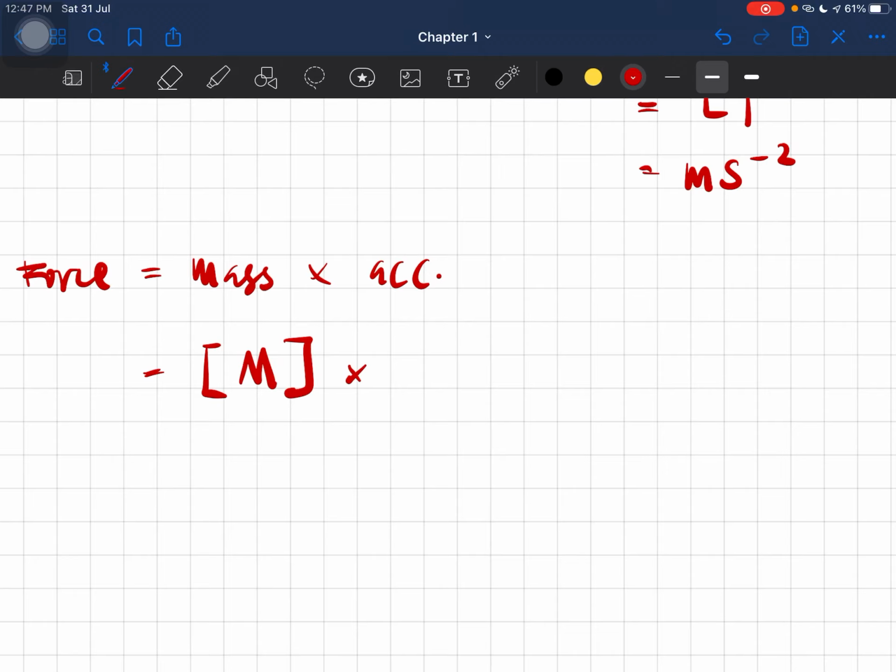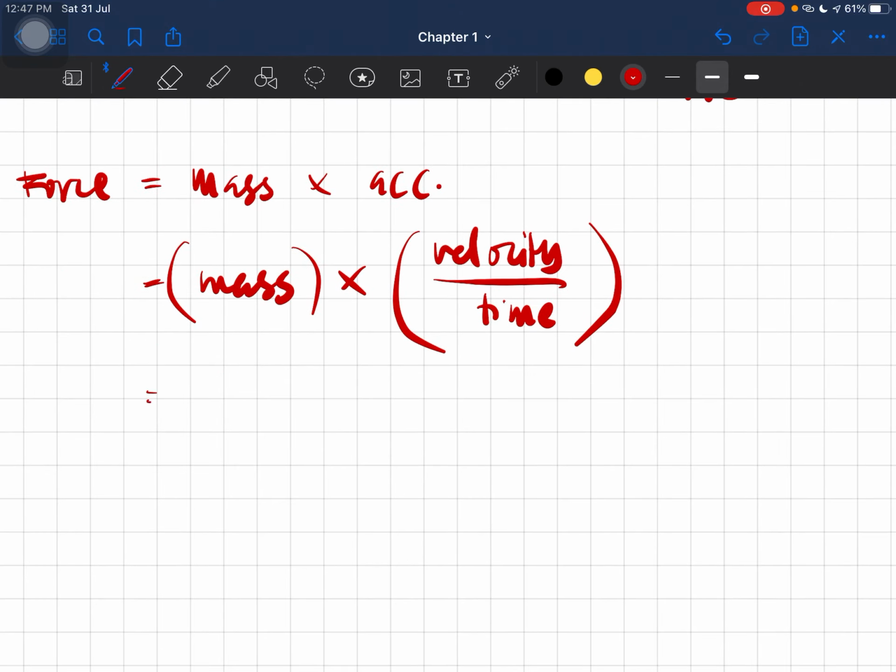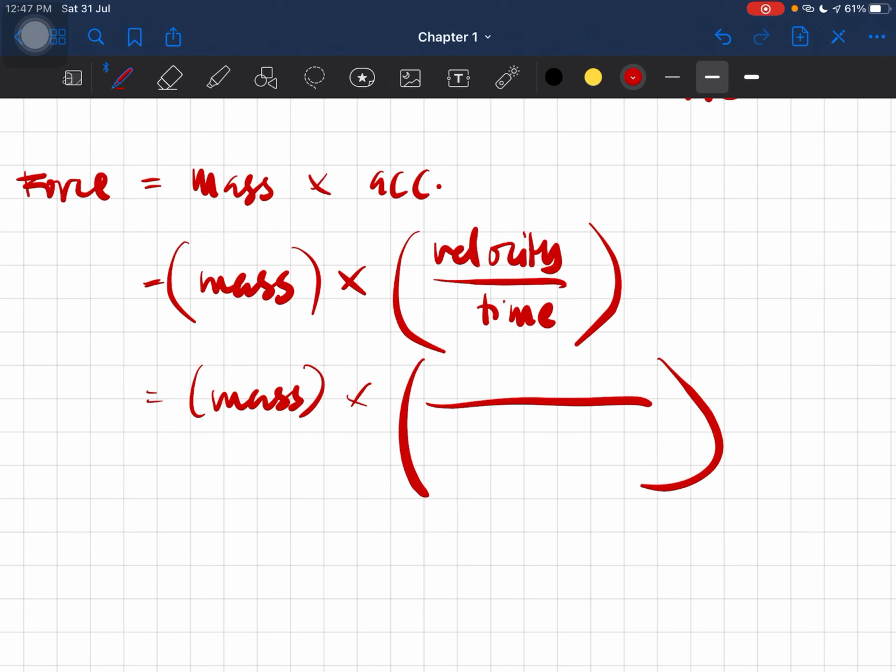Acceleration, we have to change it into its formula, which is velocity over time. Okay, and then we know that velocity is not a basic quantity, so we have to convert this into something that is a base quantity.